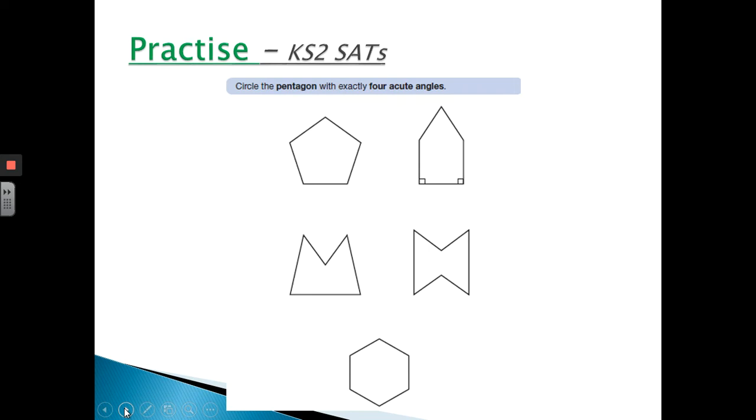So it still has 5 sides, therefore it is a pentagon. But it's concave, like some of the sides come into the shape. Okay, so there has been a change, but what remains the same is those 5 sides, that is still a pentagon. So quite a nice activity there.